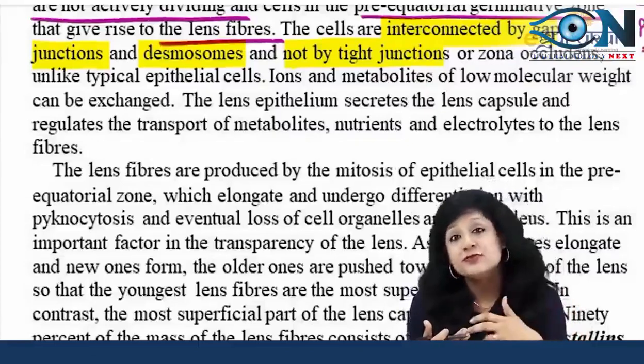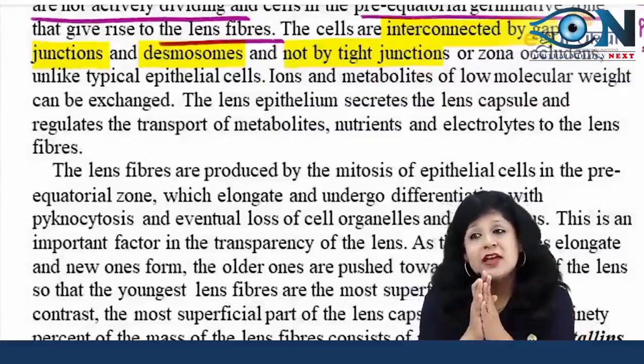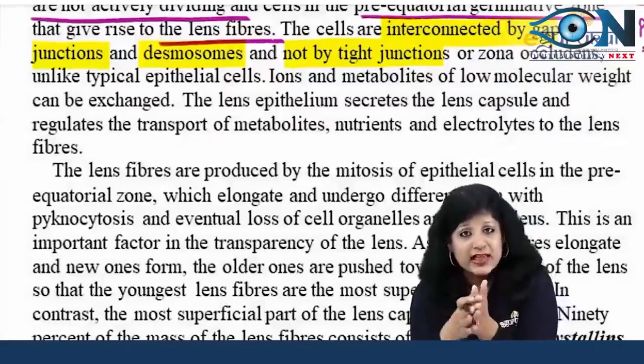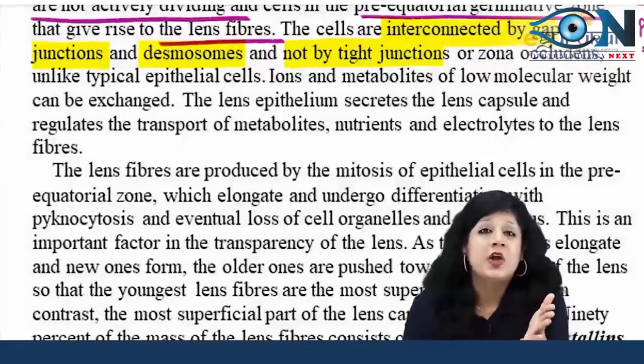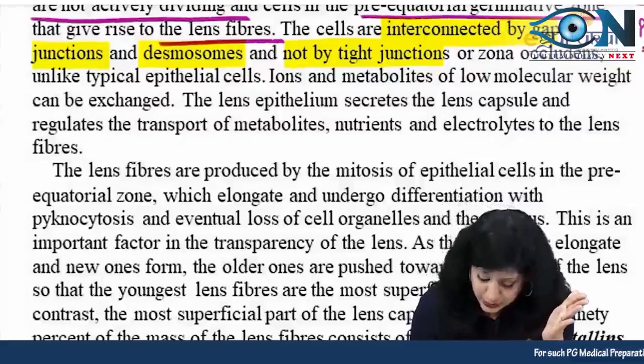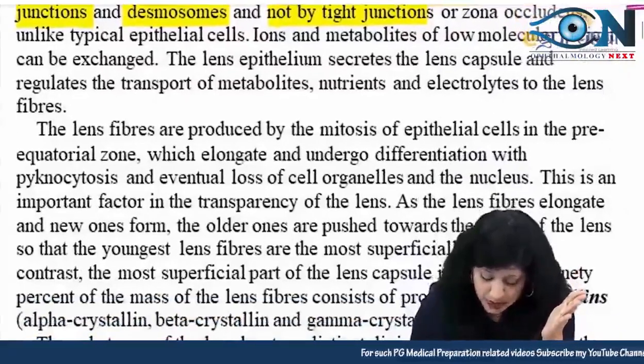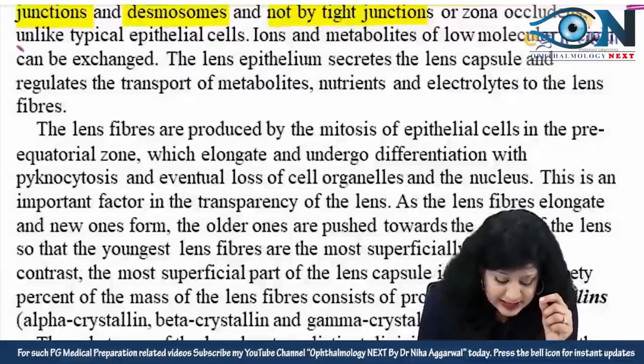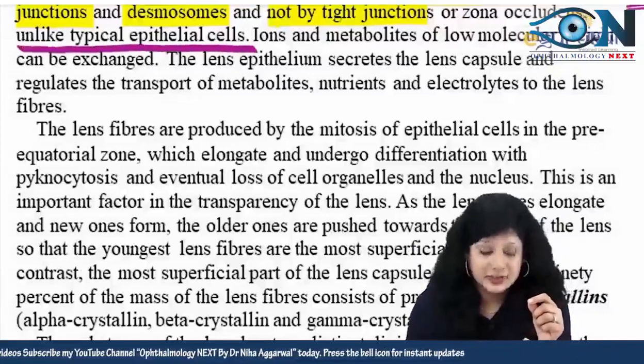So that itself shows that we do not have very tight junctions. There are gap junctions, and through these gaps it is allowing the passage of molecules. So this is unlike the typical epithelial cells, because typical epithelial cells otherwise have those tight junctions.